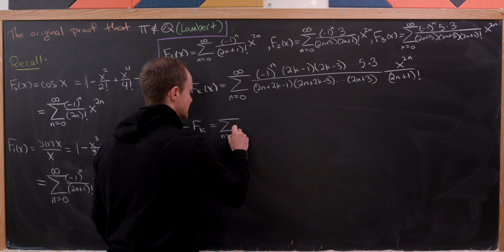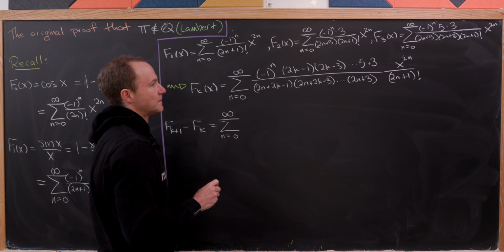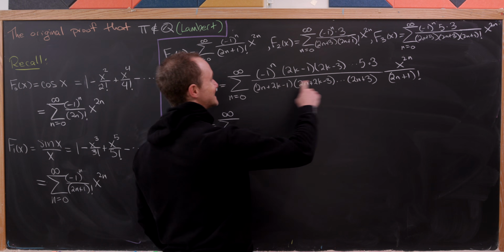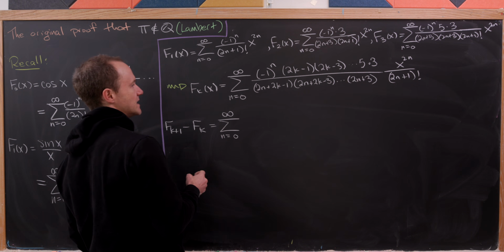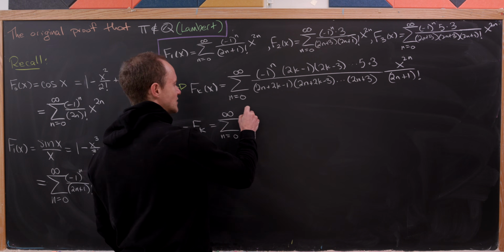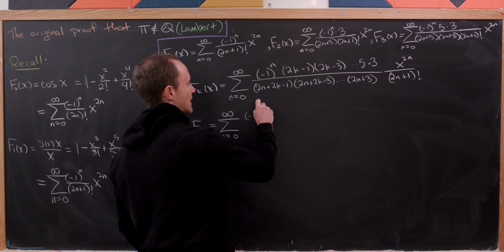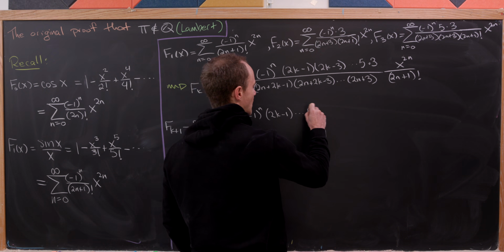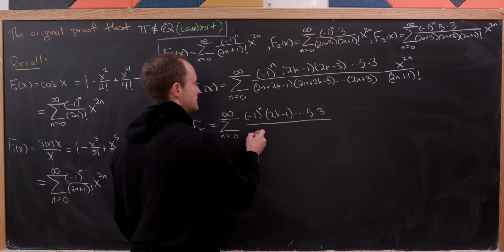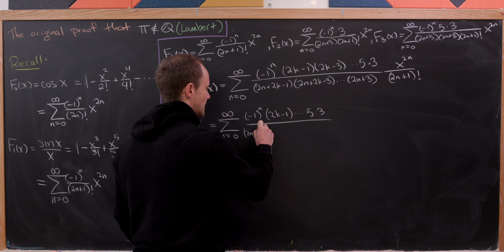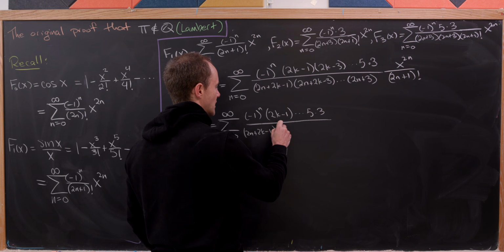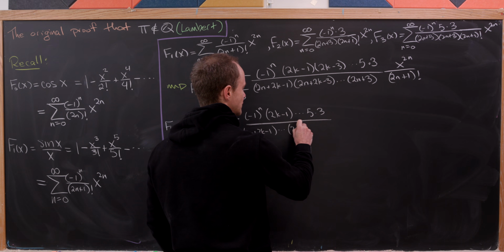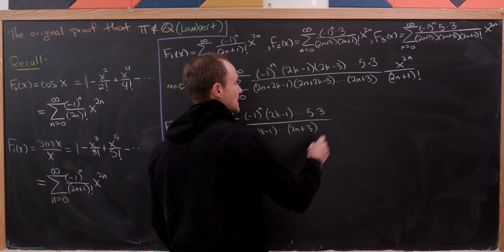We'll have the sum as n goes from 0 to infinity, and then we'll have almost exactly these terms right here. So in fact, I'll just bring all of these down. We'll have our minus 1 to the n, 2k minus 1 multiplied all the way down to 5 times 3, and then 2n plus 2k minus 1 multiplied all the way down to 2n plus 3.